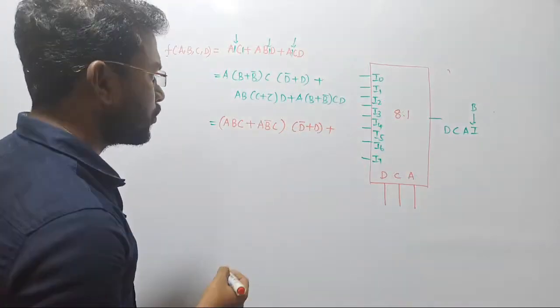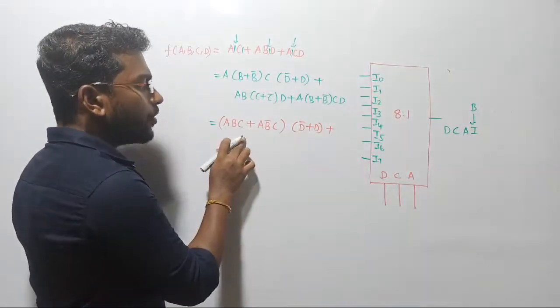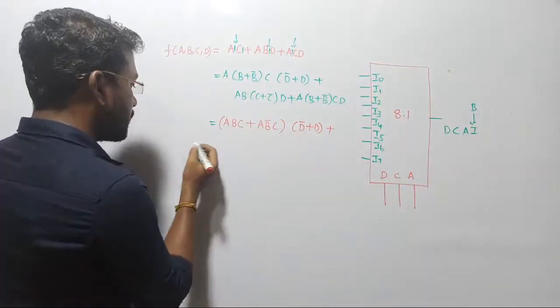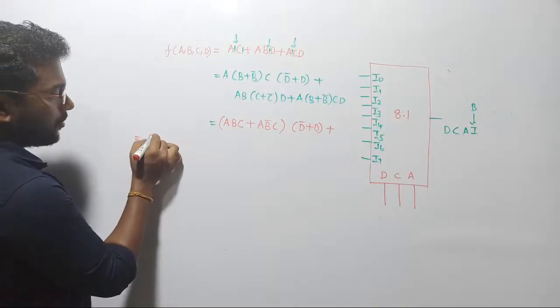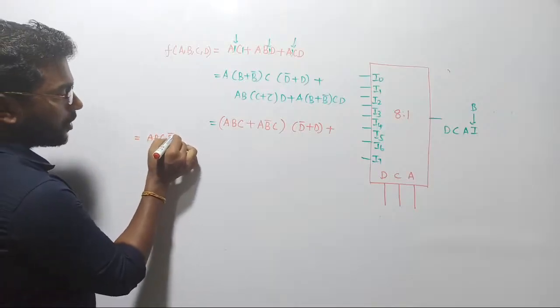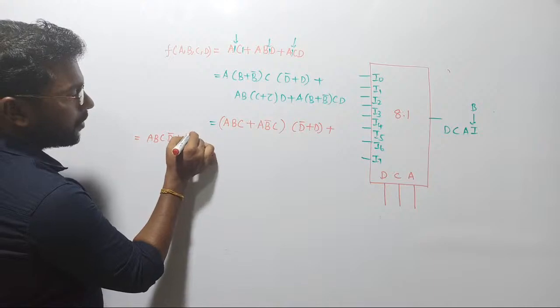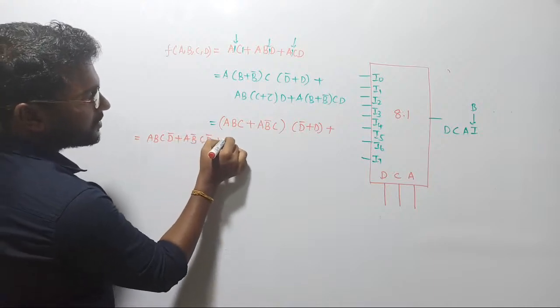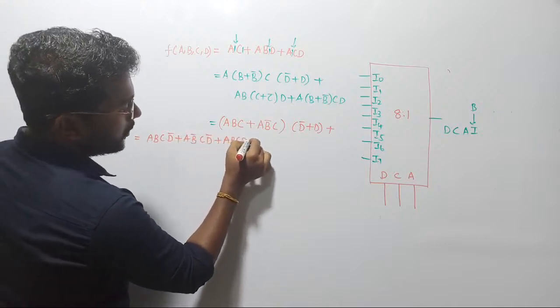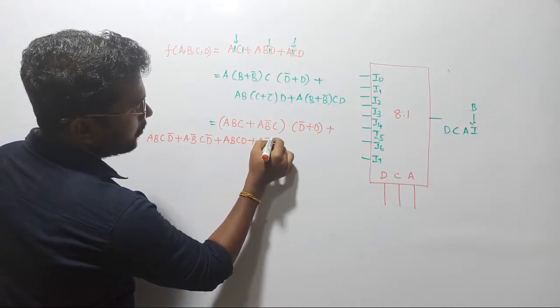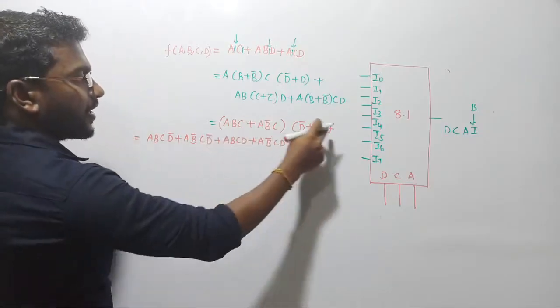Shall I complete? Of course. So I complete it. If you multiply this by D bar, it will become, right? So first of all, what will come here? It will become A, B, C, D bar plus A, B bar, C, D bar plus A, B, C, D, A, B, C, D plus A, B bar, C, D. Okay. Totally we are getting 4 variables here.